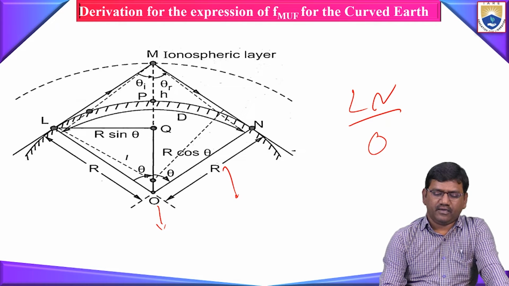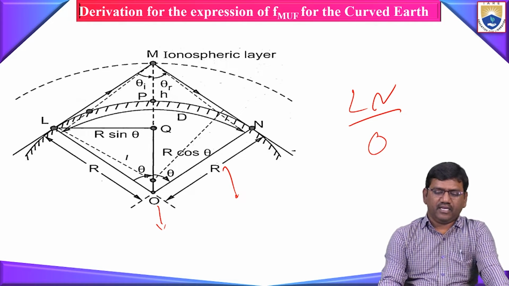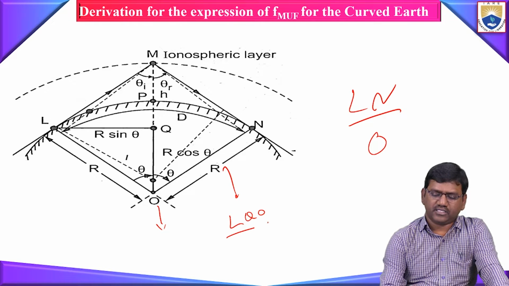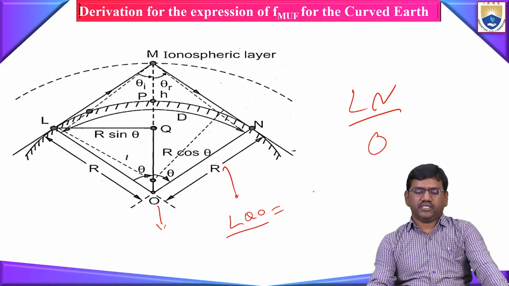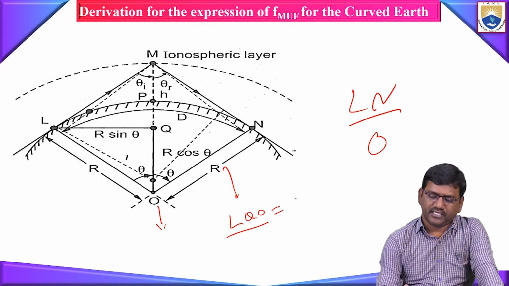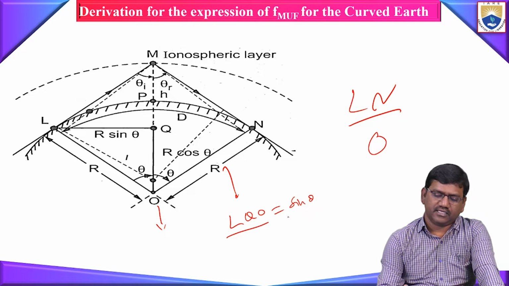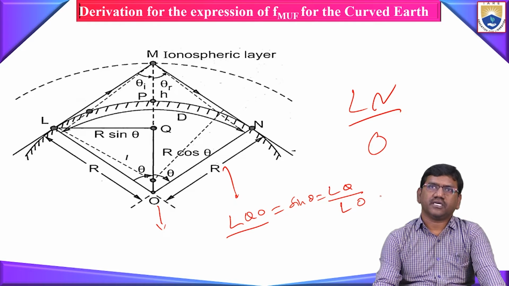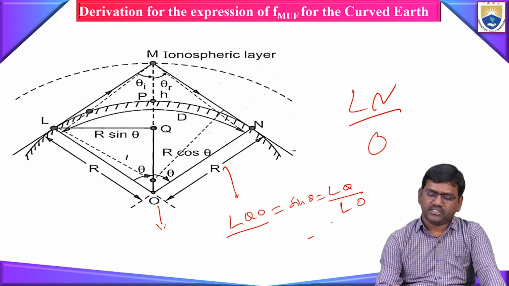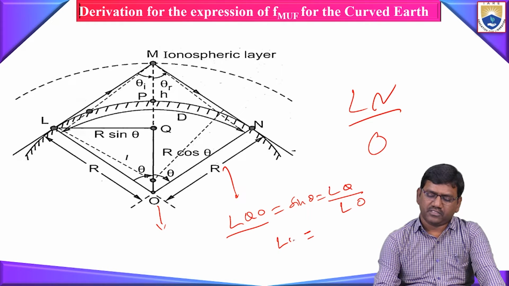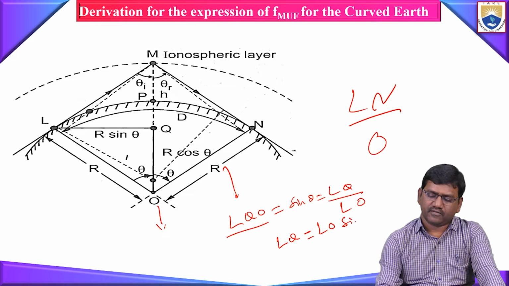Here, from the triangle LQO, there are some notations to be noted. If you take triangle LQO and apply sin theta for this triangle, sin theta is equal to LQ by LO, that is the opposite side to theta by hypotenuse. So LQ is given by LO sin theta.